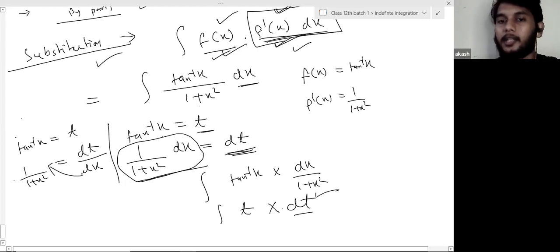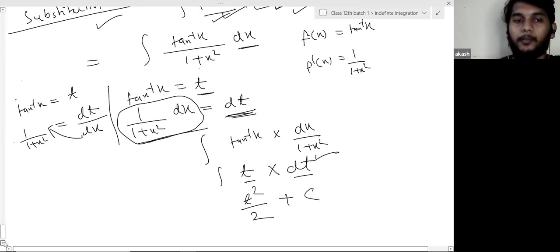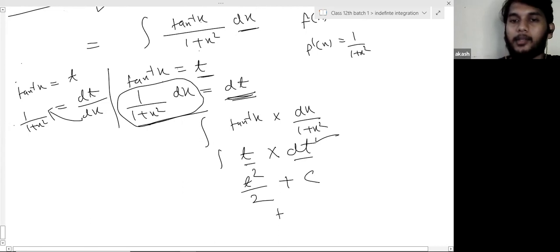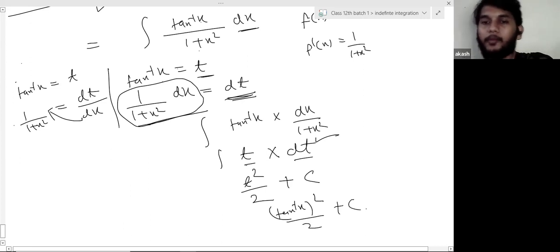So here it is t and the function is also in t. So we can integrate this very easily. So integration of t dt is t square by 2 plus c. We can put the value of t again. So tan inverse x whole square by 2 plus c. How many of you understood this thing? How many of you did not?